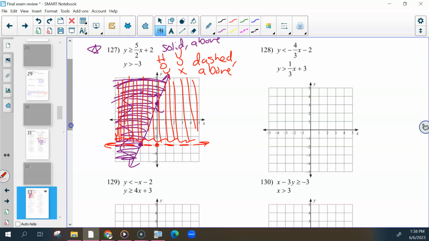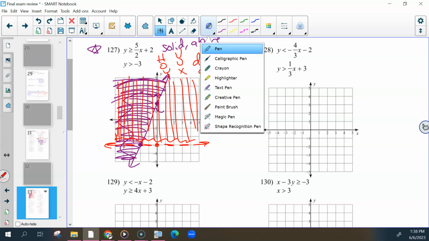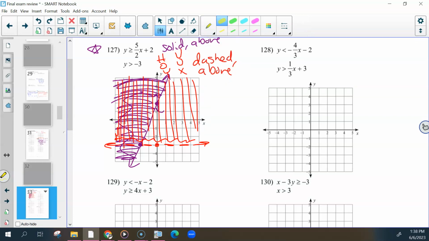If you were using the same color or like pencil, you could highlight the section that overlaps. Questions on that one before we do 132?